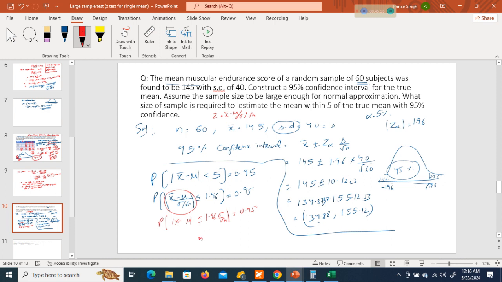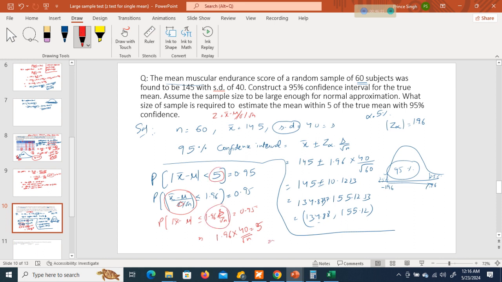So if I compare, sigma is not given here, so I can replace it with s. S is given here as 40, so 1.96 times 40 upon square root of n is equal to 5. We are comparing these two values.